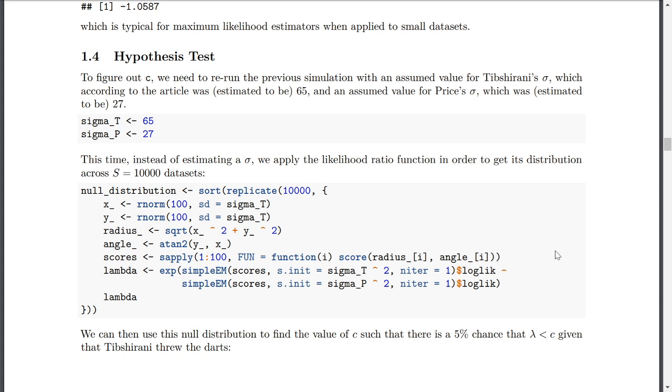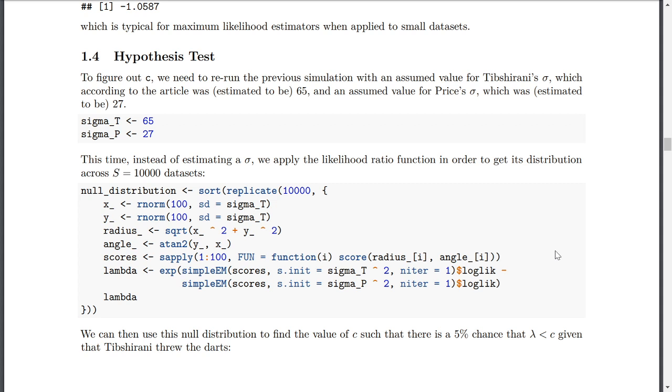So we can test the hypothesis that those 100 dart throws were thrown by Tibshirani by setting sigma t to 65. The alternative hypothesis is that they were thrown by Price, with sigma p set to 27, and we need to calculate a log likelihood ratio statistic in order to conduct this hypothesis test.